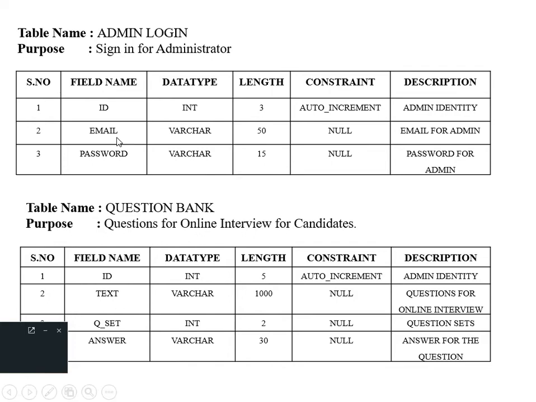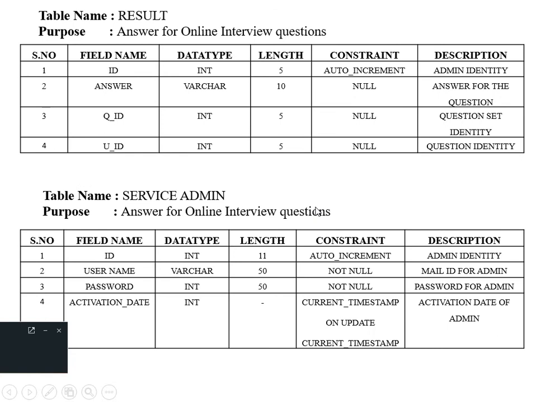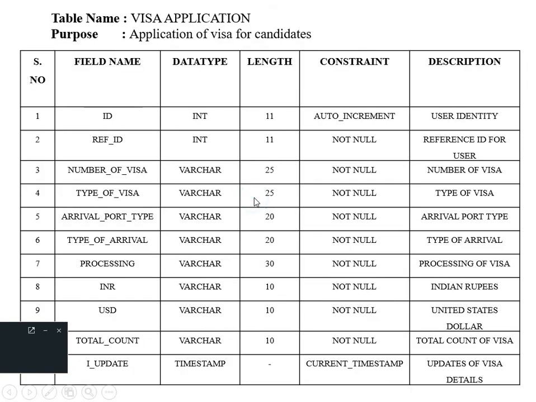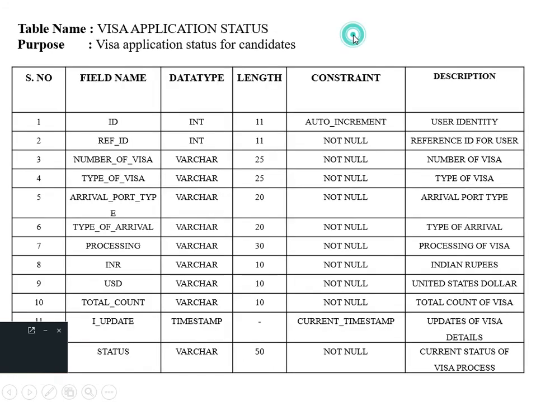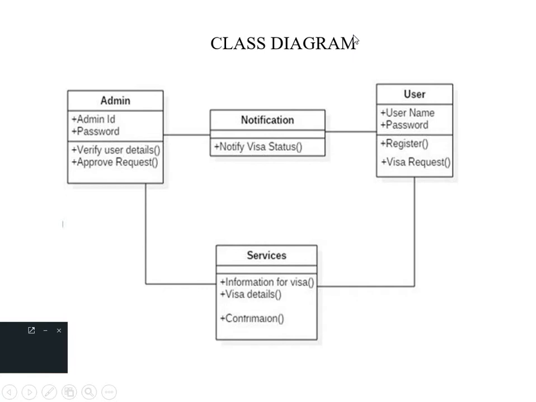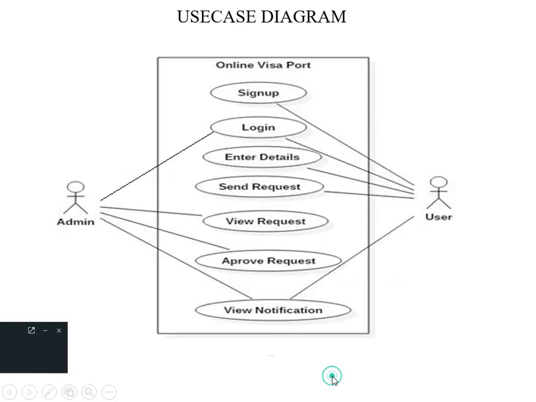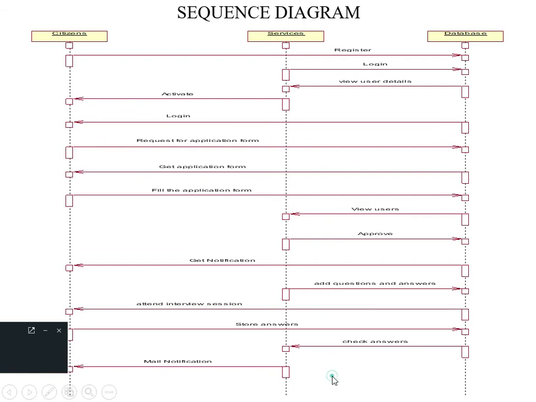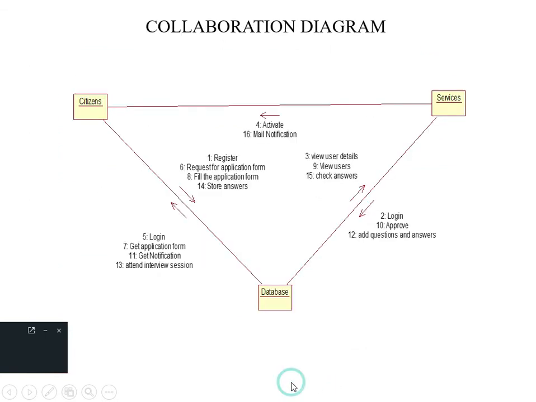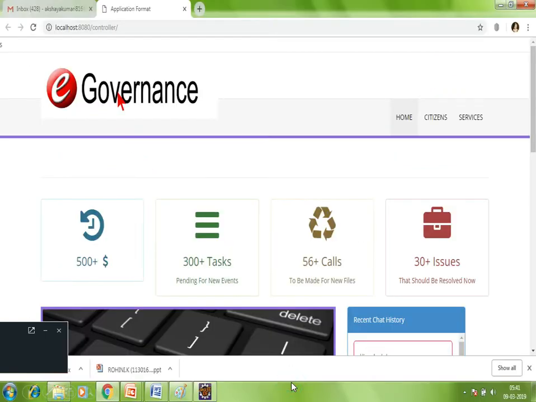Table name: admin login, and question bank. Result table, admin service table. Visa application, visa application status. It's a class diagram of my project. Use case diagram, sequence diagram, activity diagram, collaboration diagram.